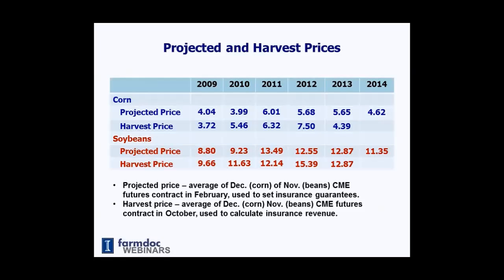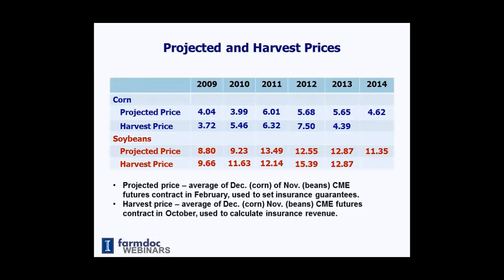First off, projected prices for corn and soybeans aren't completely known yet for the 2014 year. They are set based on settlement prices during the month of February. We have 2 days to go yet, but we're really close to knowing what those are.